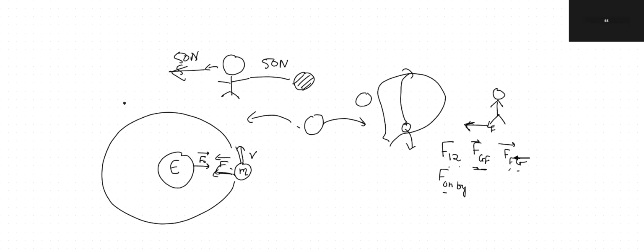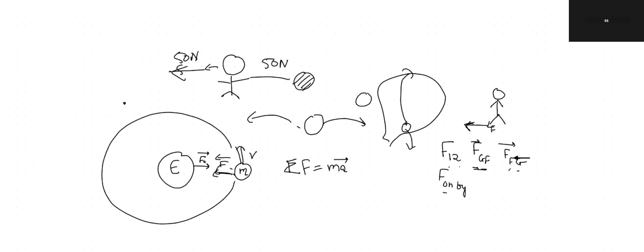These forces are never considered in the sum of forces when we use Newton's second law, because Newton's second law is applicable on a single object, but these forces are acting on different objects.